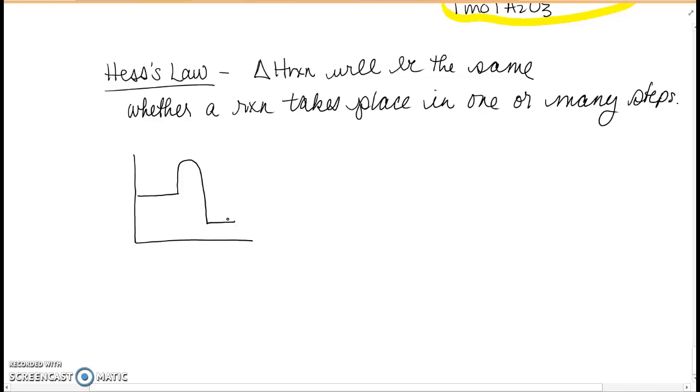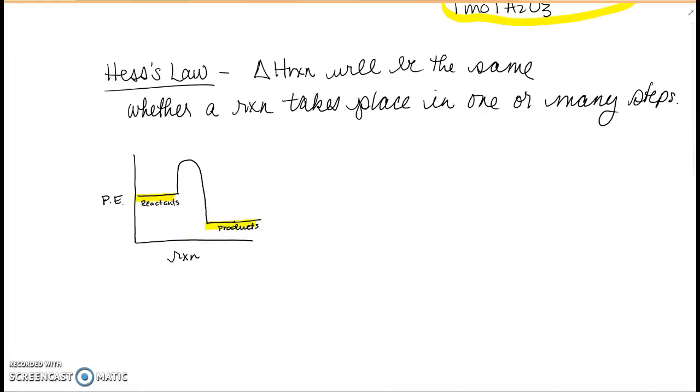In a reaction diagram like this, this represents the reactants. This, by the way, is potential energy. This is as the reaction progresses. This line here represents the products. In the case of this particular one, you can see the reactants have more energy and the products have less energy.